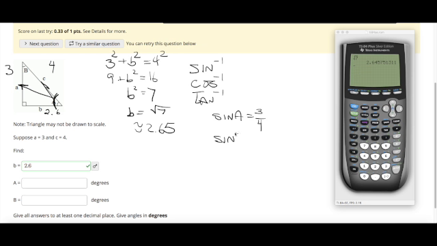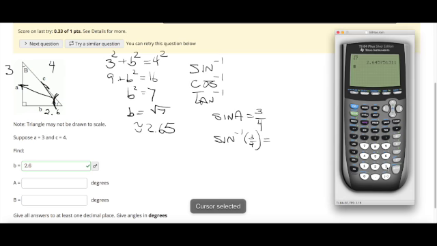So the inverse sine of 3 over 4 will give us the angle. 3 over 4 is obviously 0.75. The inverse sine of 0.75 will be equal to that degree measurement, and I'm going to write that down.